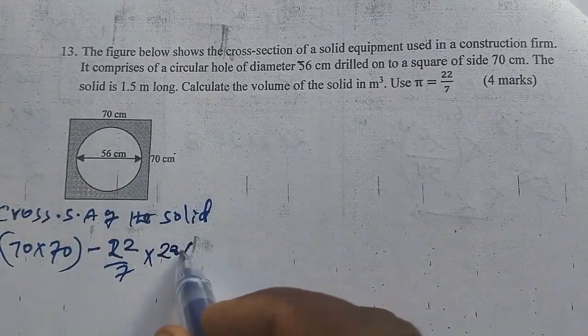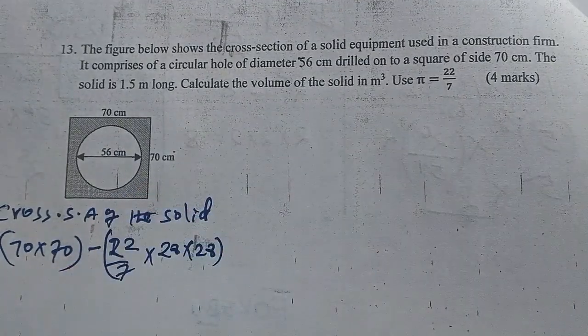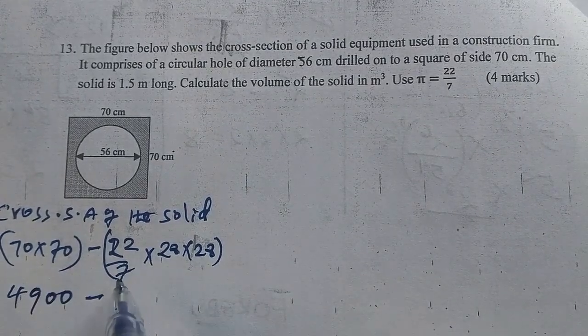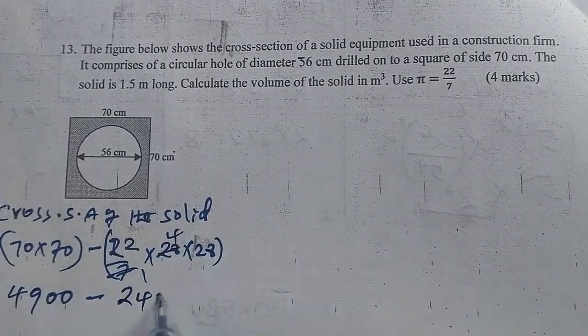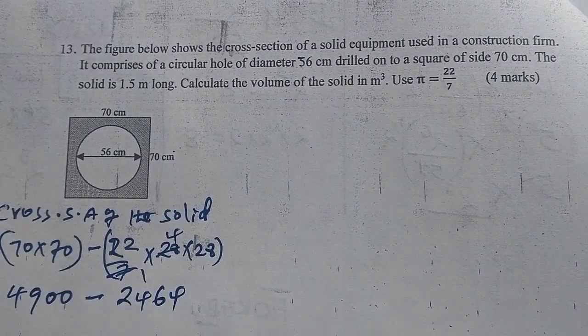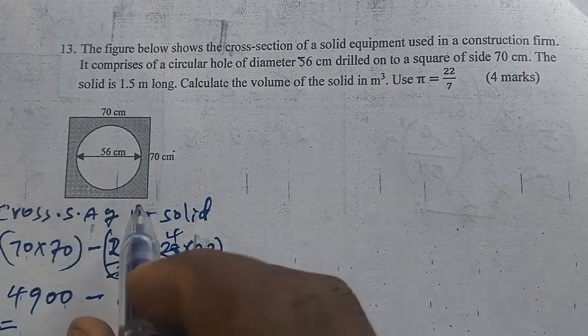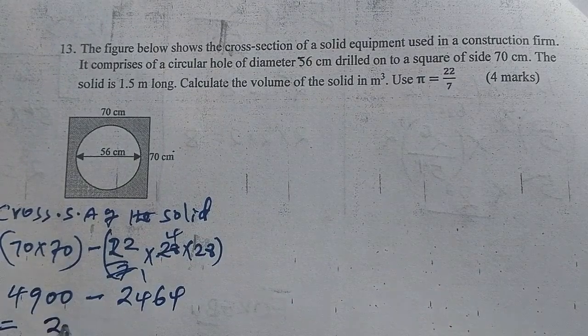So that one will give us the cross-section area of the solid. This is 4900 minus, you multiply here, you get 2464. So the cross-section area of the solid itself is, when you subtract that, 2436 centimeters square.